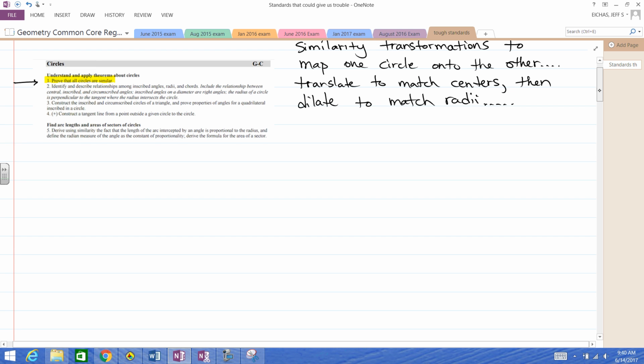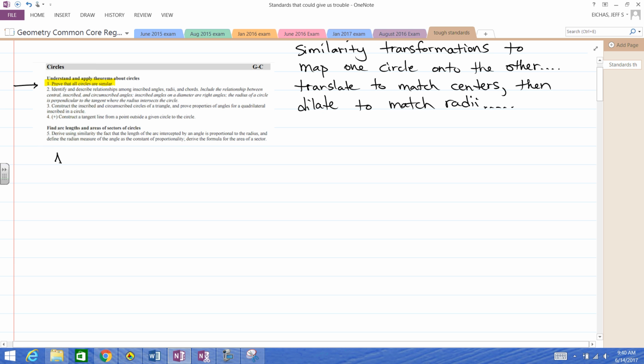One of the main concepts that I want to discuss here is if two circles have the same radius, then the circles are congruent.